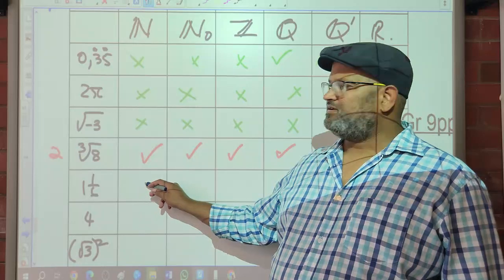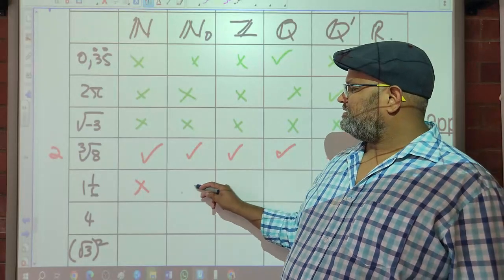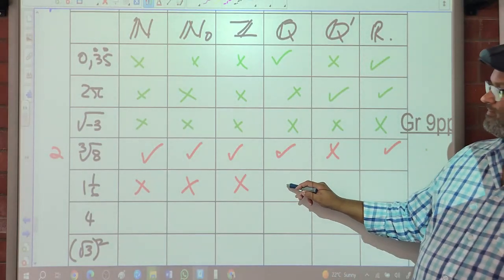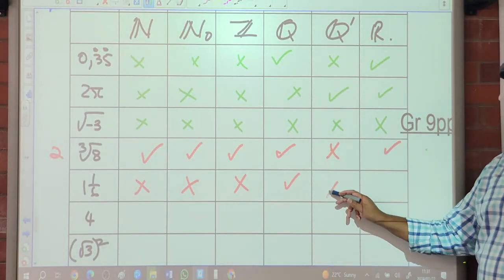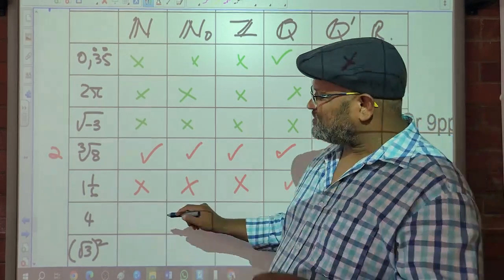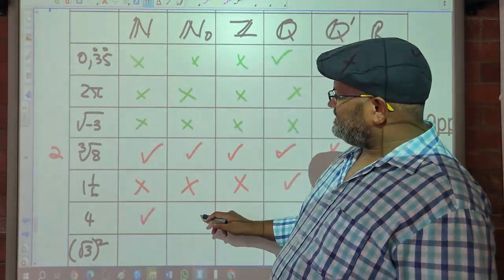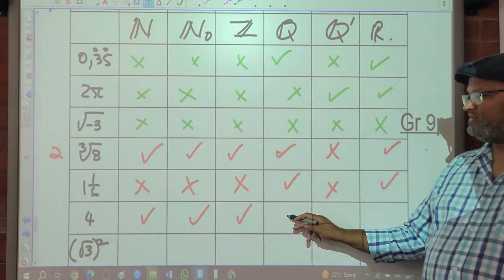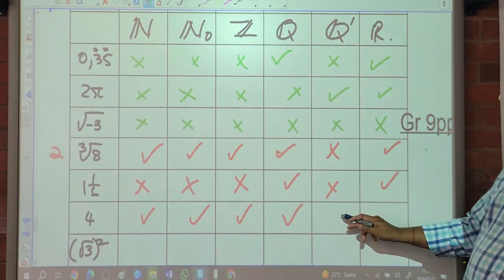Natural? No. Whole? Integer? Rational? Irrational? Real? 4. Is it natural? Yes. Is it whole? Integer? Rational? Irrational?